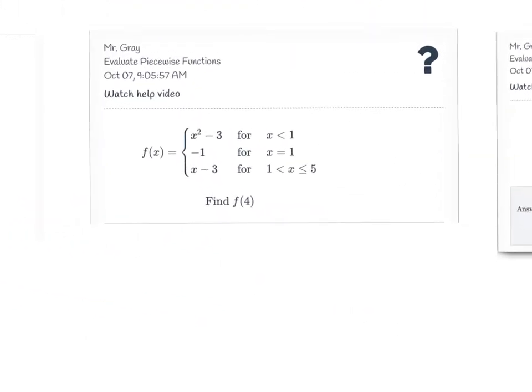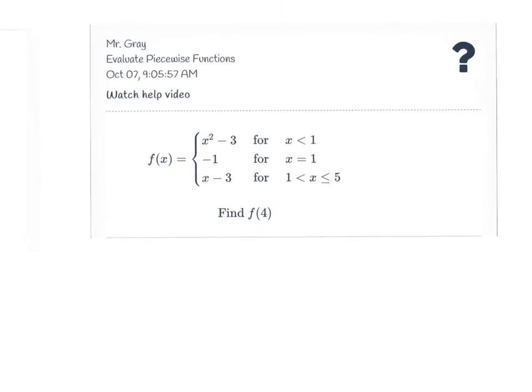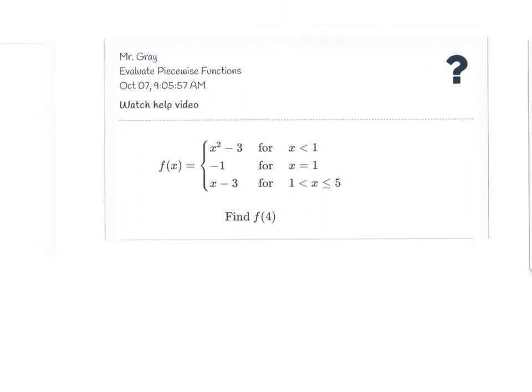All right. So when we look at piecewise functions in equation form, you'll notice something about them. They have pieces, of course. This particular function has 3 pieces. One piece is x squared minus 3, the next piece is negative 1, and then x minus 3. So depending on where in the domain we are, this function looks different. And this part over here on the right defines our domain.